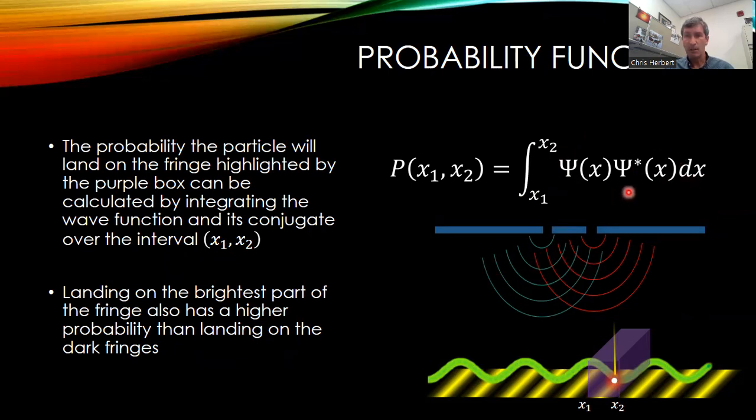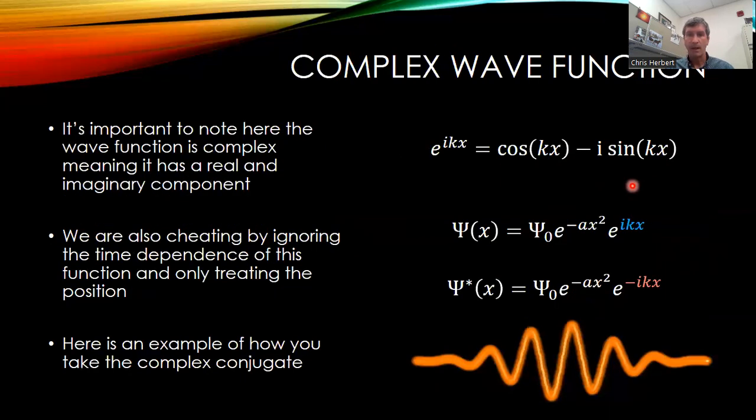When I'm doing this probability here, psi can be a complex function, okay? So if I take the complex conjugate of this, I would basically reverse any of the signs where an i was present, okay? So for instance, we know through Euler's equation that e to the i kx is actually cosine kx minus i sine kx, okay?